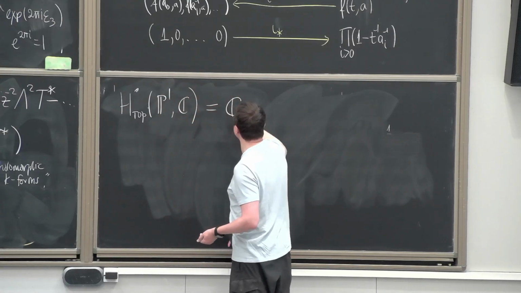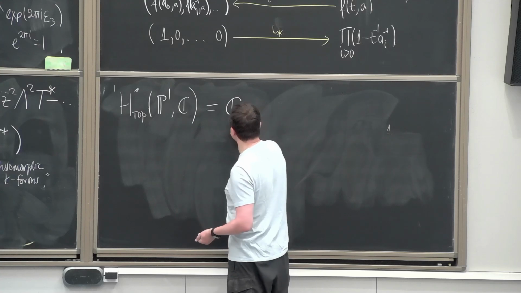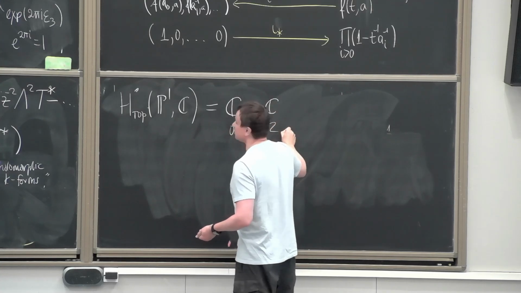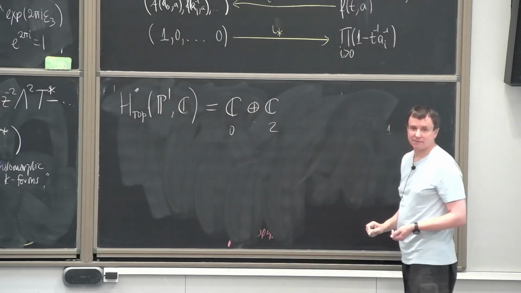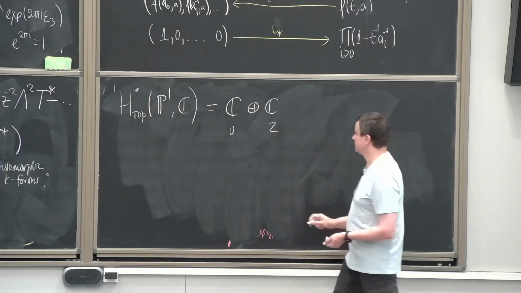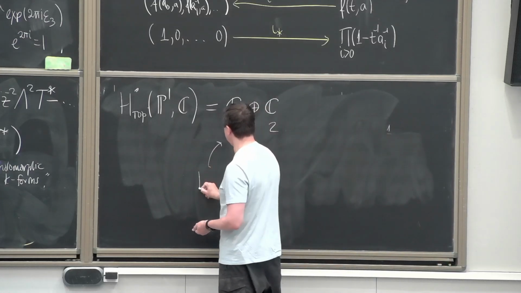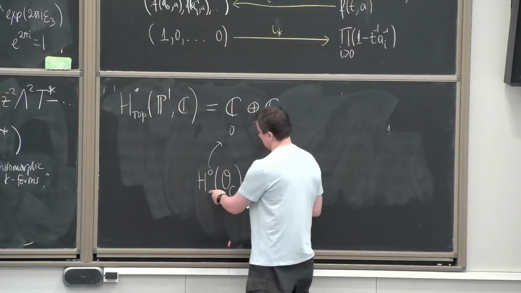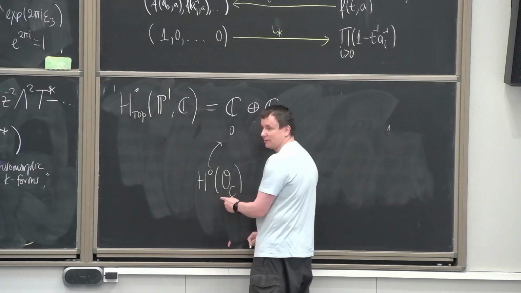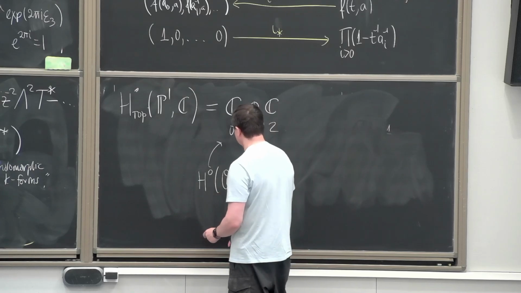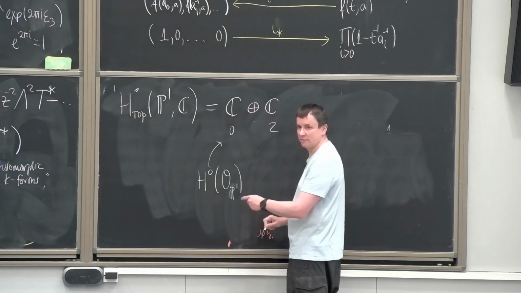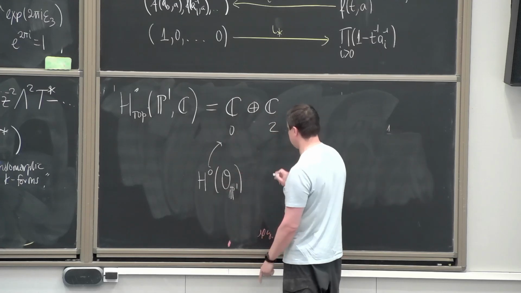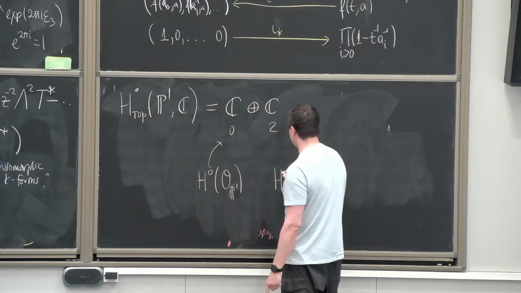This would be C in dimension 0 and another copy of C in dimension 2. Right? And this corresponds to H0 of the trivial, the constant functions. So constant functions on P1 have cohomology, and this corresponds to H1.